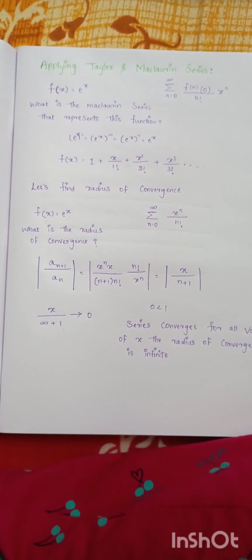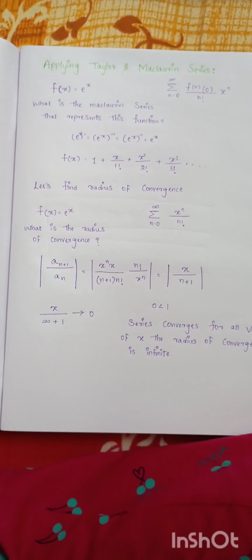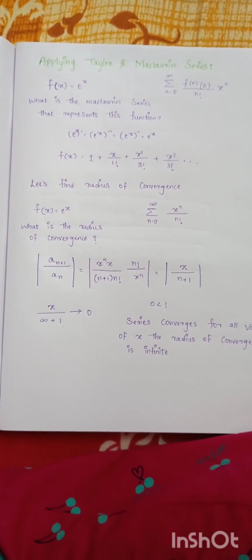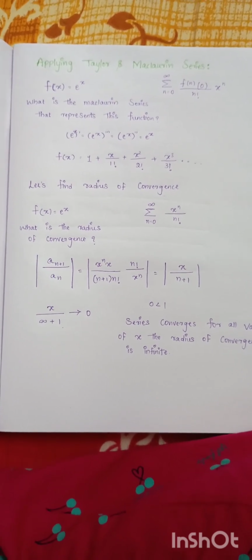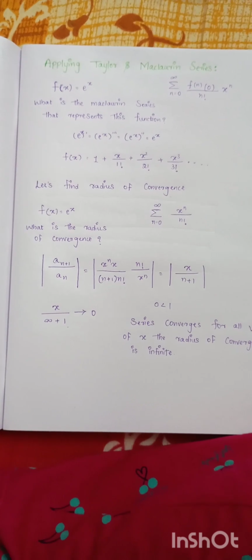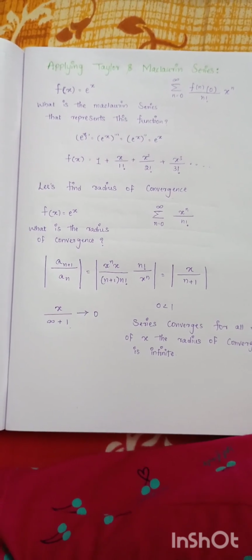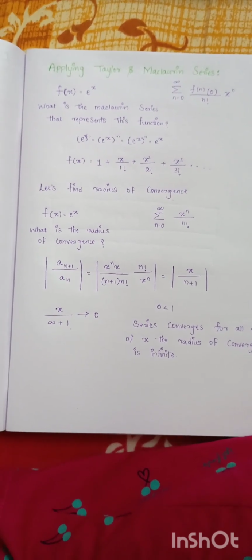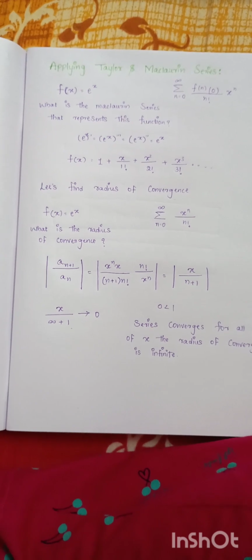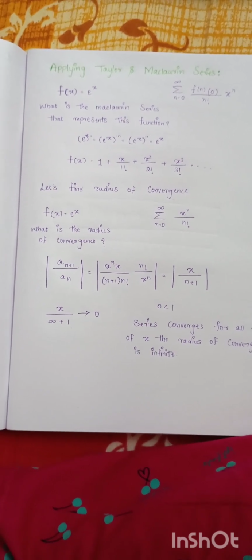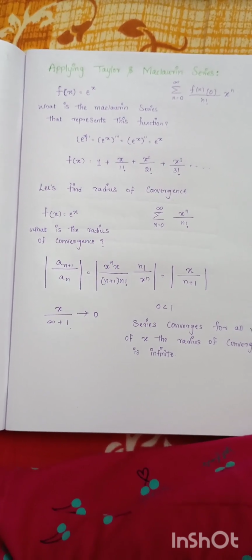The derivative of e to the x is e to the x. So no matter what derivative we're looking at, we just have e to the x. Also, we're plugging in 0 every time, and anything to the 0 power is 1. That means any derivative of this function evaluated at 0 will give us 1.